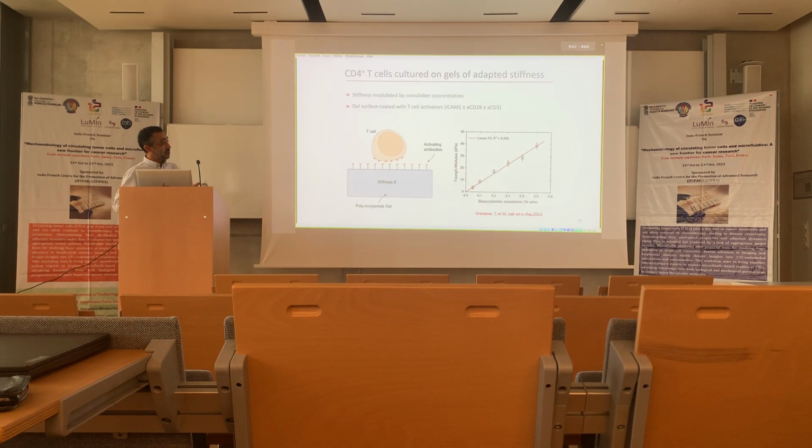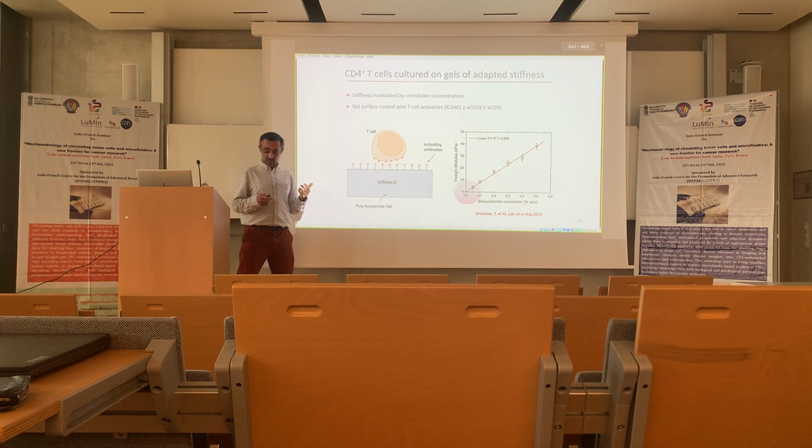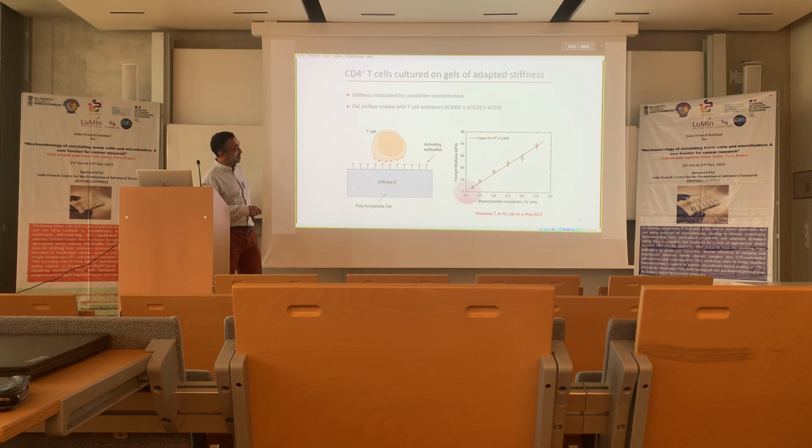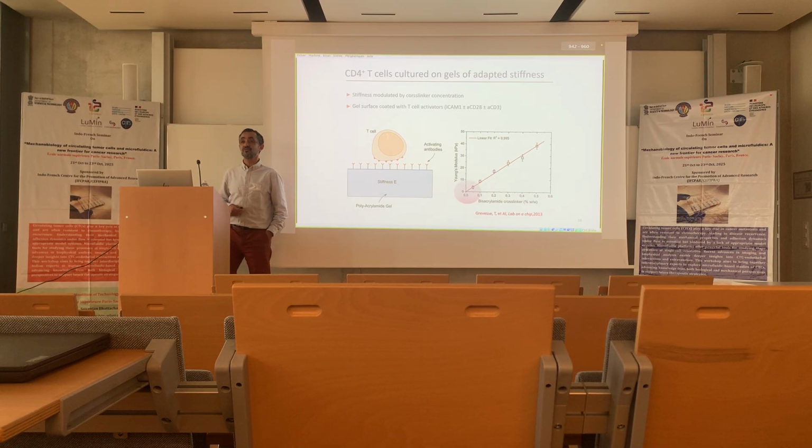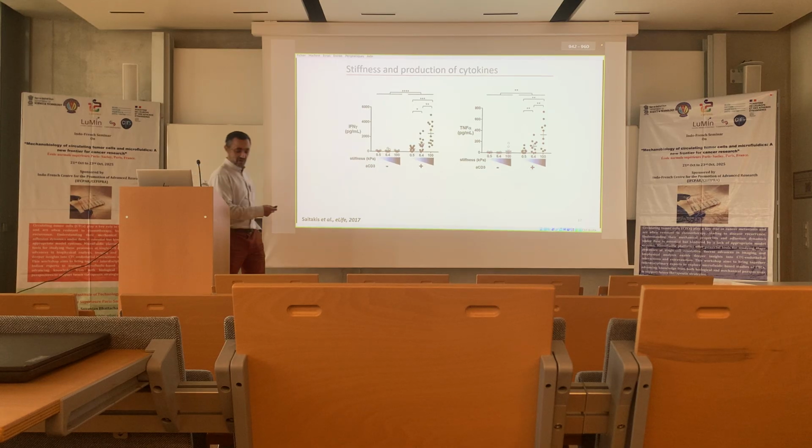To try to answer this question, what we did first is to have substrates with different stiffnesses, with activating antibodies, and culture T cells on them and measure one way or another if this stiffness modulates activation. This is more or less the results.